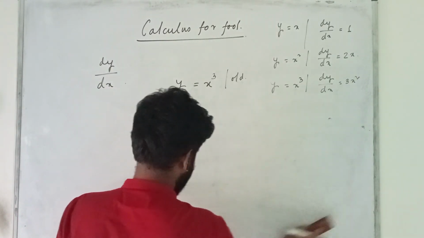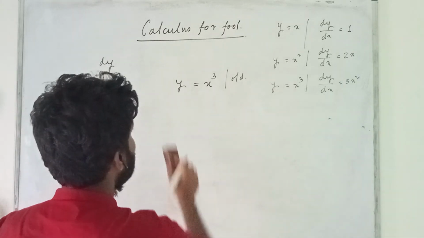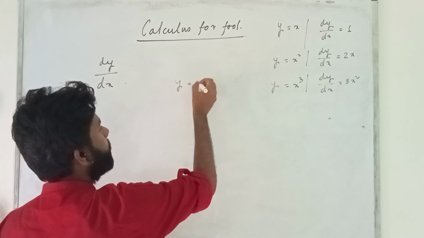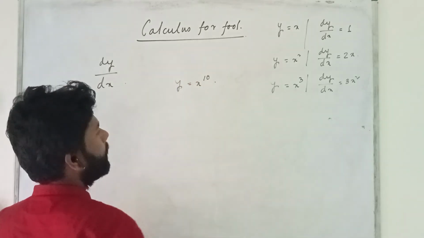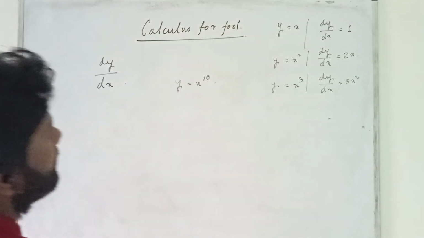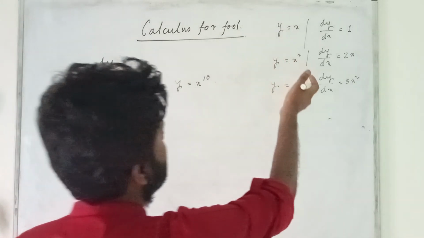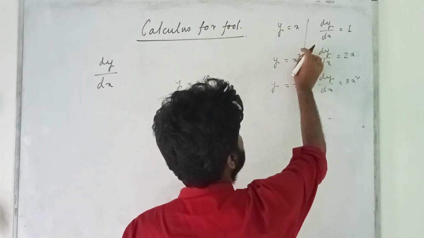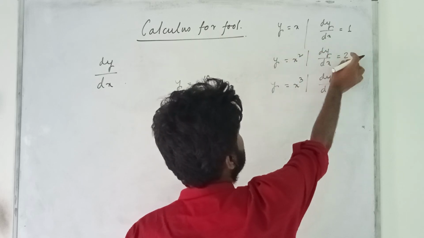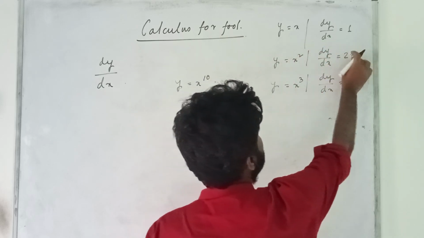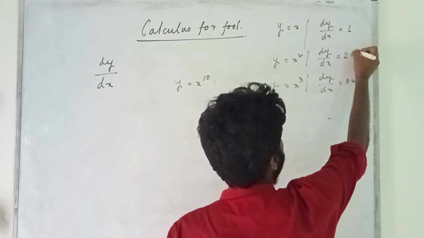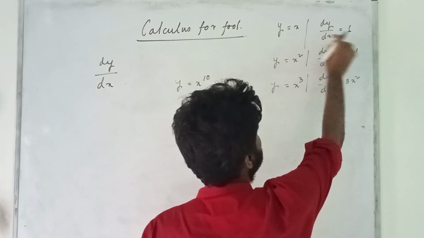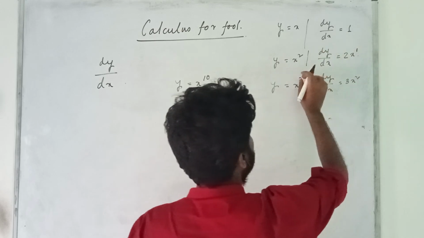So if y equals x to the power 10, what will be dy over dx? Just a similarity here. The power 2 goes to the coefficient, and x has a power one step lesser than 2, which is 1.